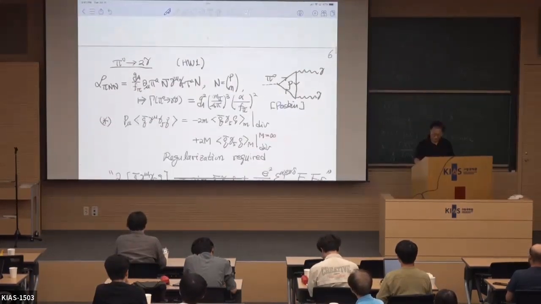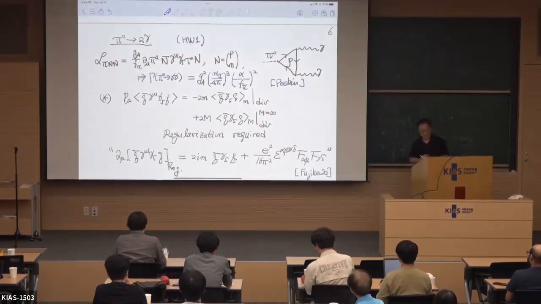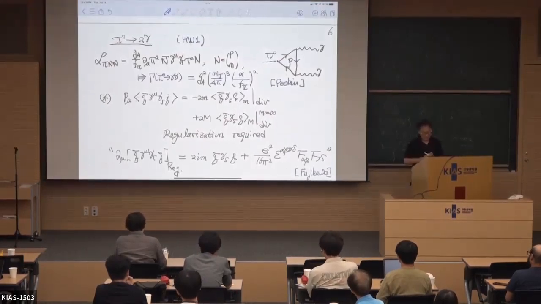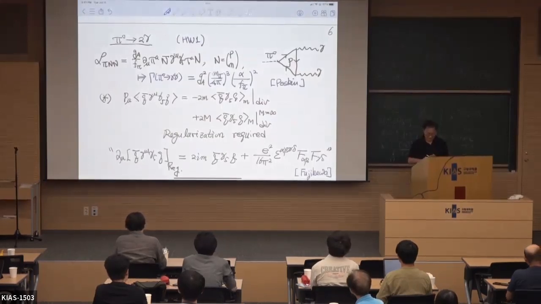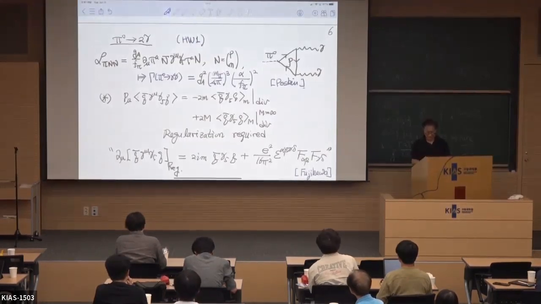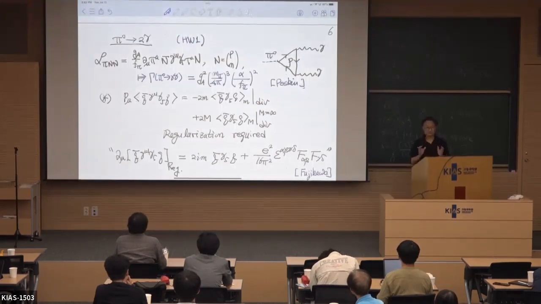This was actually the solution to understanding why pi zero should decay to two photons. If you didn't study this before, please read Peskin. All the quantum field theory books have an explanation of this, so I skip the details.